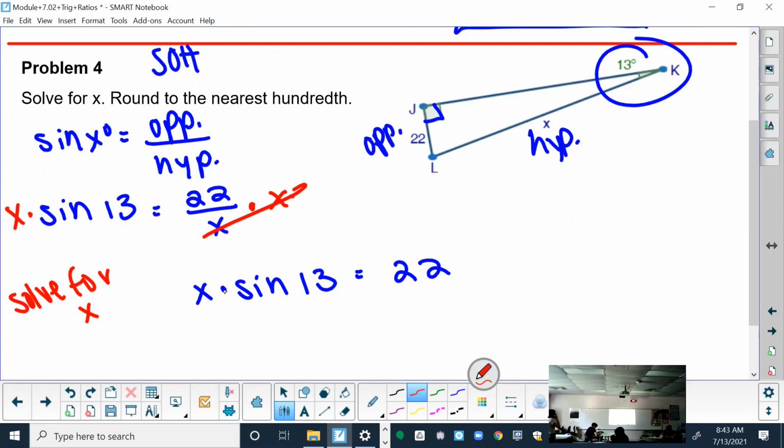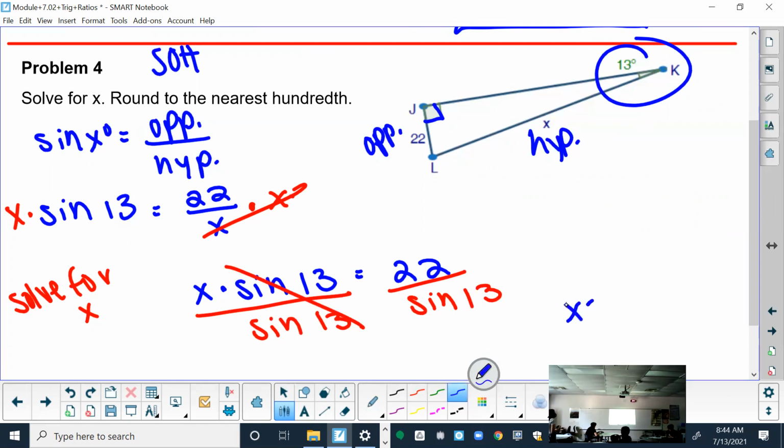So what's the opposite of multiplying? We're going to divide each side by the sine of 13. That's how we get the x by itself. So the x will be on the left. On the right, you're going to put this in your calculator: 22 divided by the sine of 13.